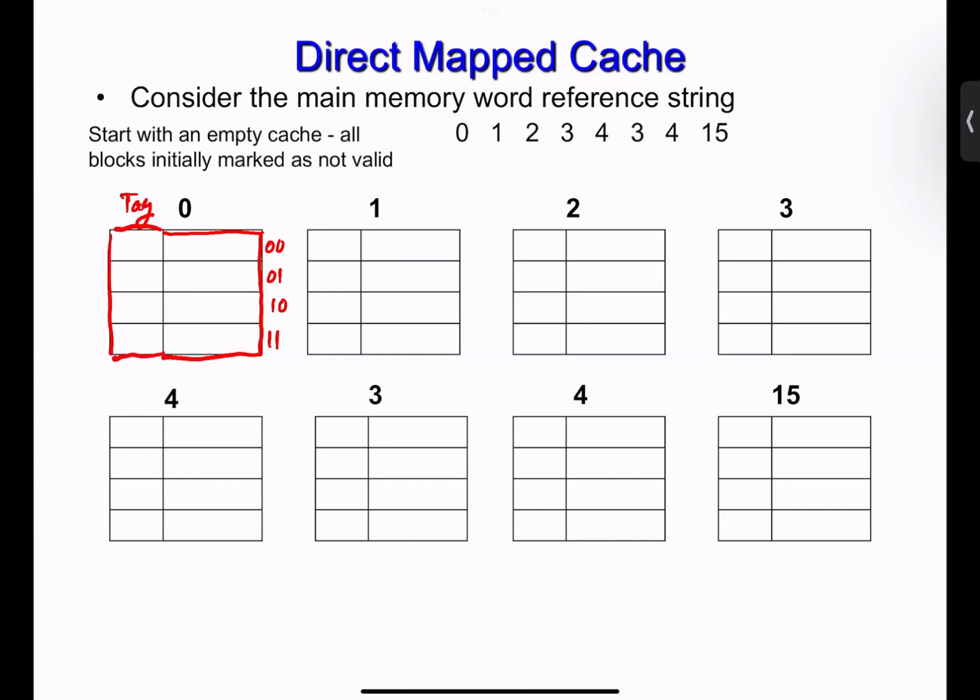All of this is my cache. The processor is asking for all of these numbers, one after the other, and would like to see if these addresses are available in my cache or not. We'll go over each of these step by step to see how the processor will act in this particular example.